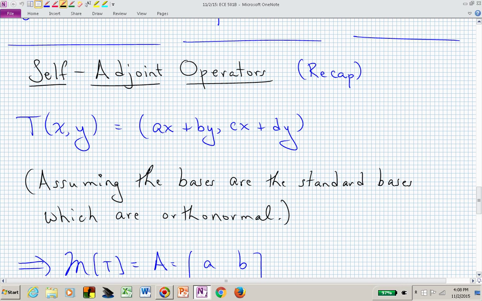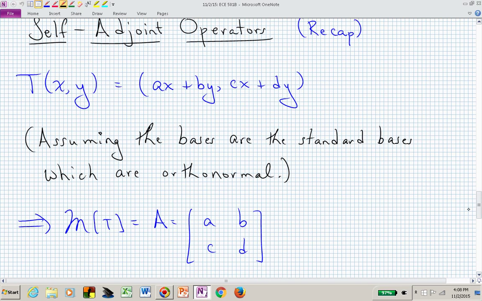That's why we're now following that self-adjoint with the descriptor operator. So these self-adjoint operators, let's just look at an example. Suppose that we have the linear map T on this 2-vector xy producing another 2-vector that is ax plus by and cx plus dy.